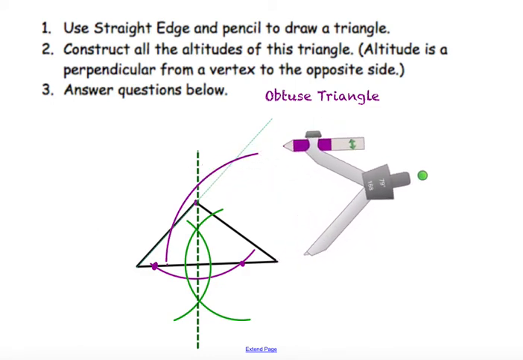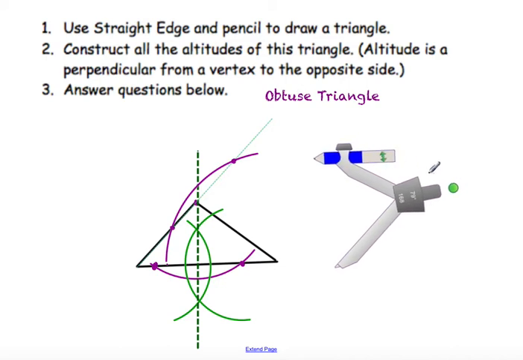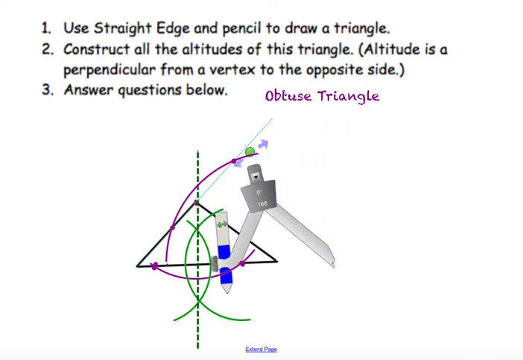So I did that in purple here. Where it's crossing the side, these 2 points are where we're going to do the altitude through that, the perpendicular bisector through it, which will be our altitude.